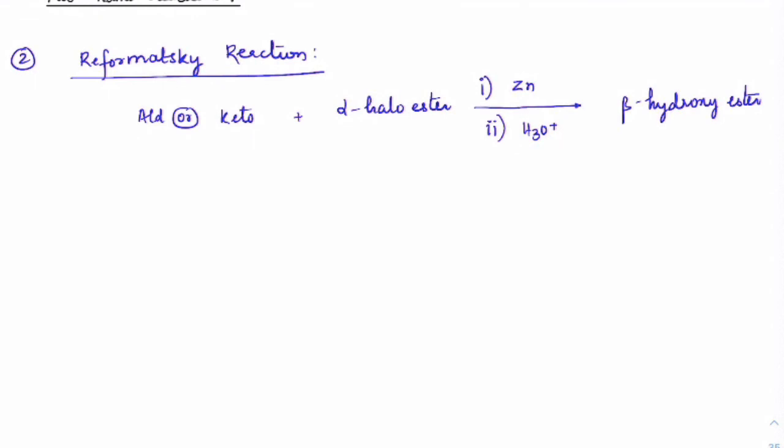See how the reaction works. Suppose I take an example of RC double bond O plus an alpha halo ester, like this. This is an alpha halo ester, and I treat that with zinc and H3O plus.